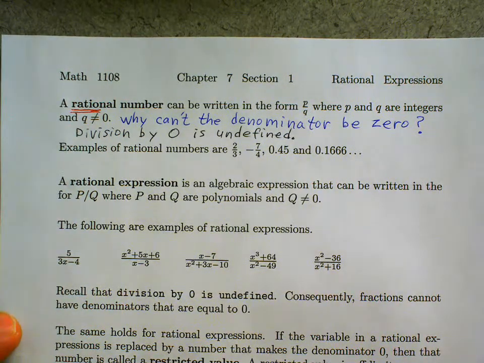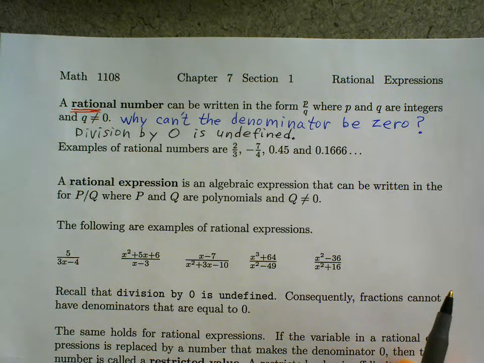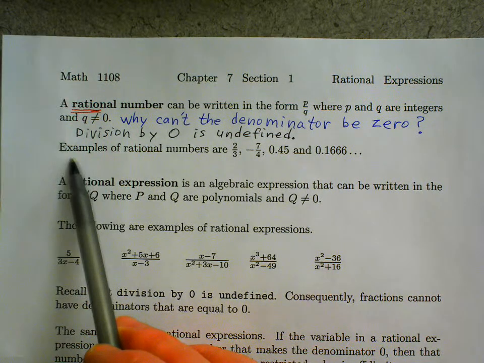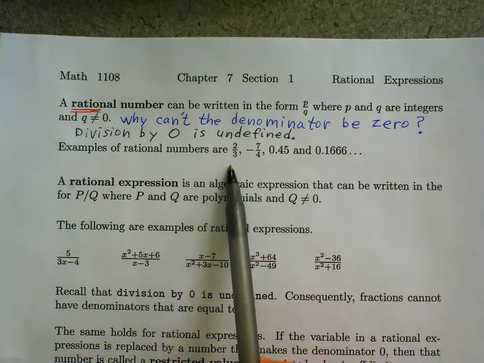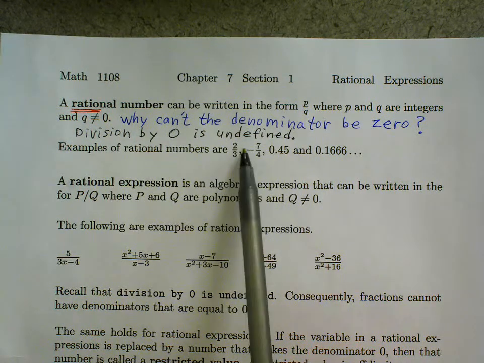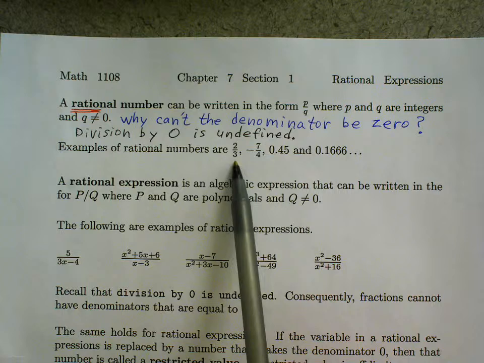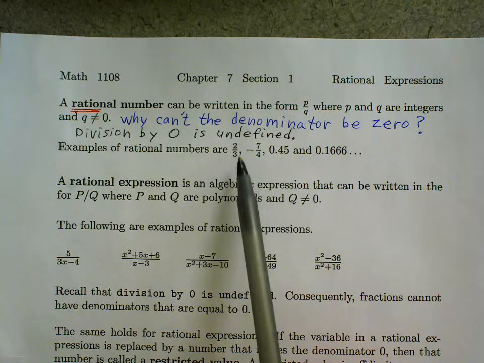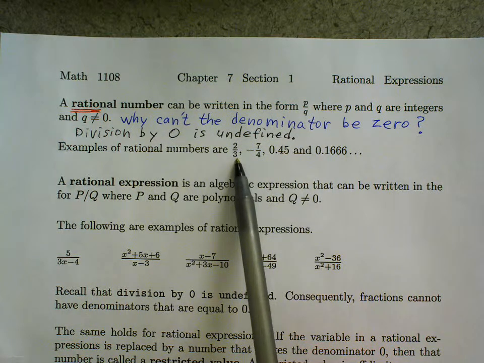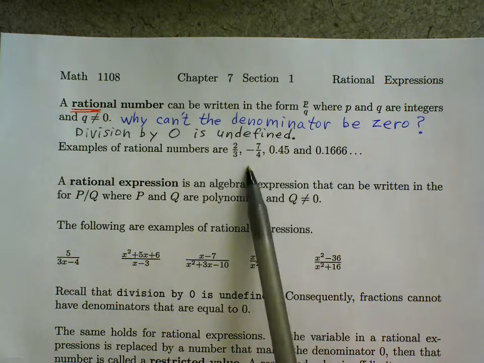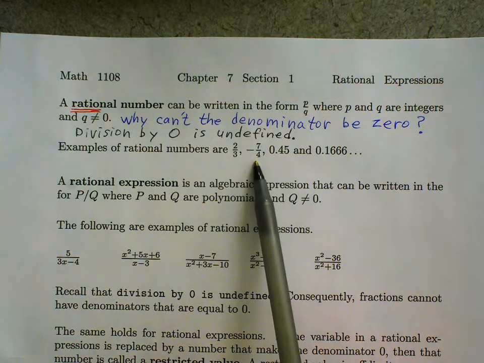And just in everyday common sense, dividing by 0 doesn't make sense. We can talk about that later if you want. But for now, examples of rational numbers. 2/3, both the numerator and denominator are integers. -7/4 is an example of a rational number.